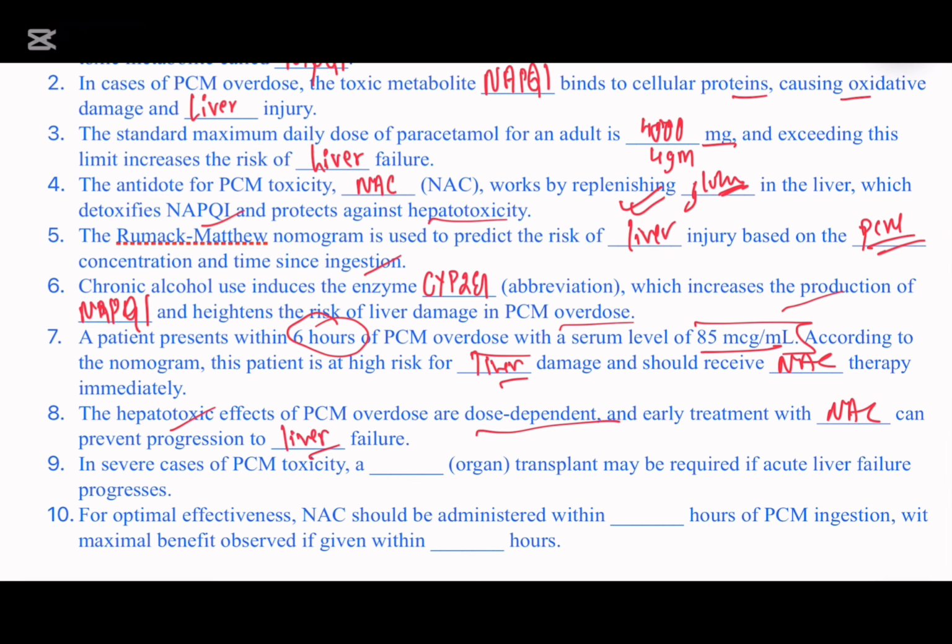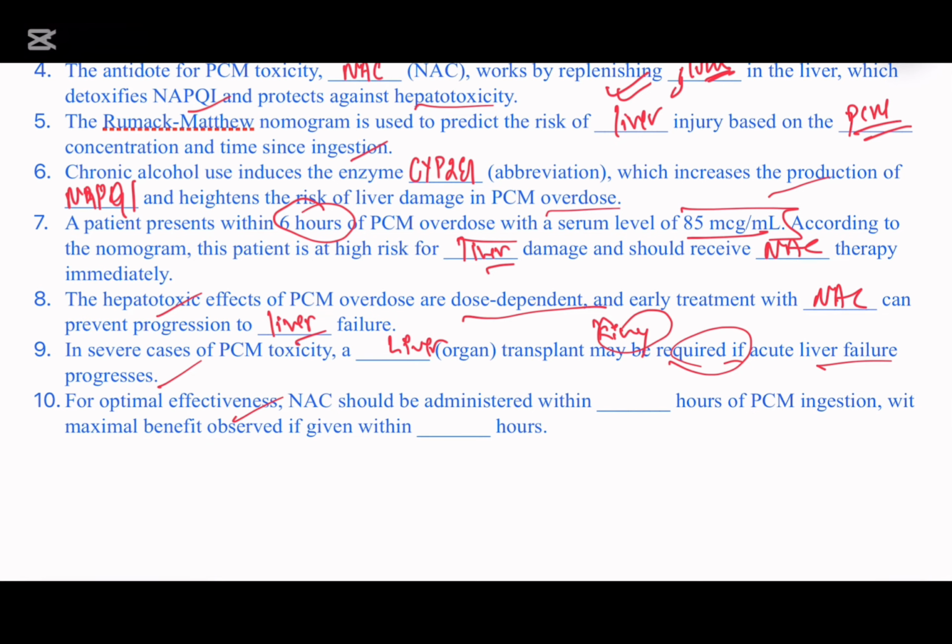In severe cases of PCM toxicity, a liver transplant may be required. King's College criteria, we know that. If acute liver failure progresses, for optimal effectiveness, NAC should be administered within 8 hours of PCM ingestion, with maximal benefit observed if given within 10 hours.